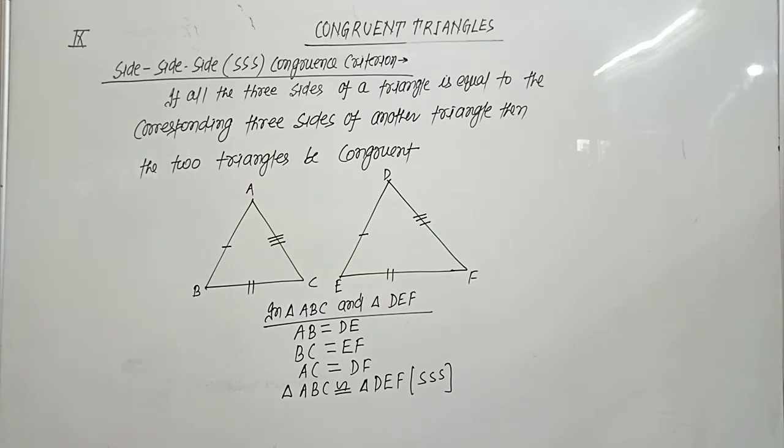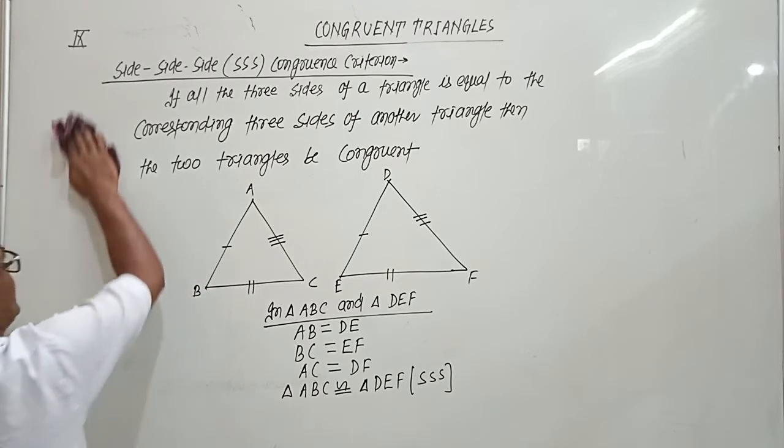So, if all the three sides of a triangle are equal to the corresponding three sides of another triangle, then the two triangles are congruent by the SSS congruency criterion.